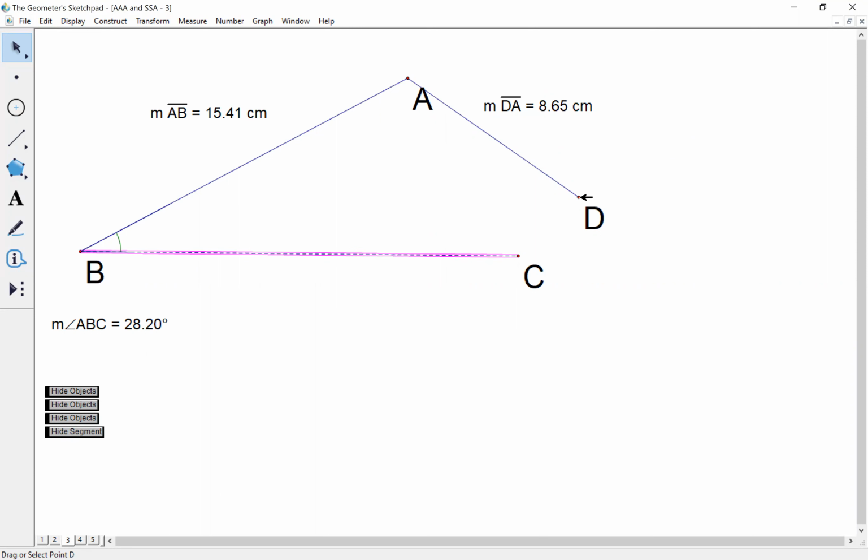My point D, I can move it. The segment DA is still 8.65. So as long as the side AD, the side BA, and angle B don't change, I'm okay. My question again is, can I come out with more than one triangle?